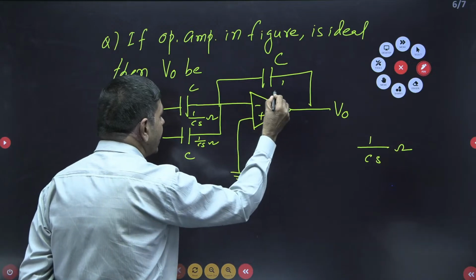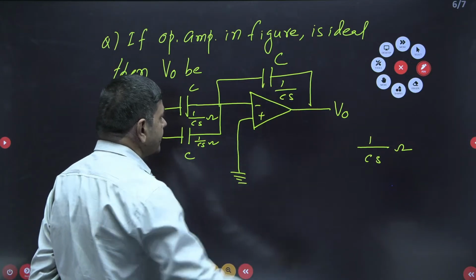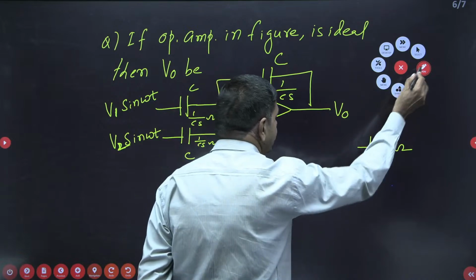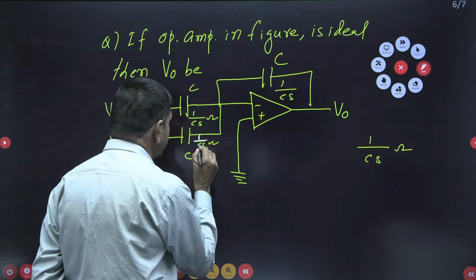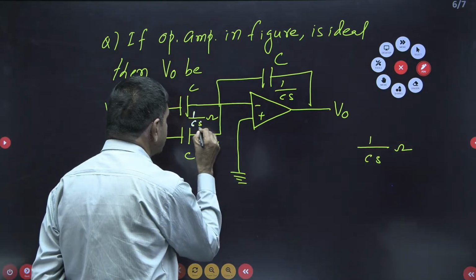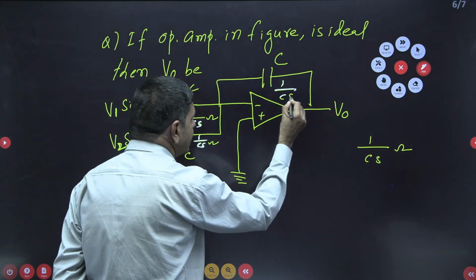This capacitor reactance I can take as 1 by Cs. All of these are 1 by Cs only.